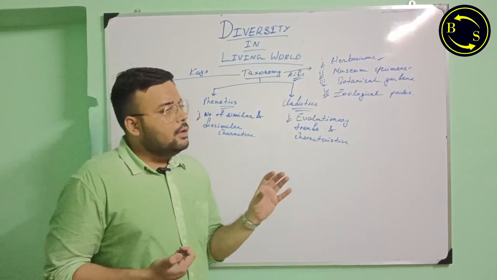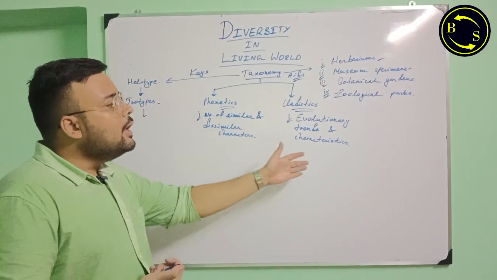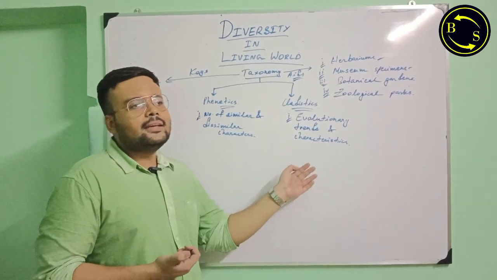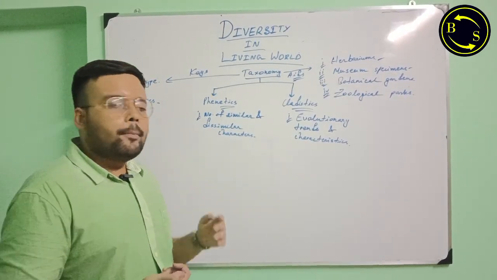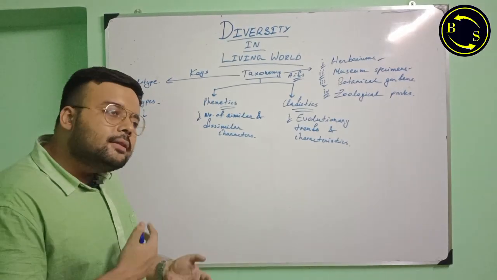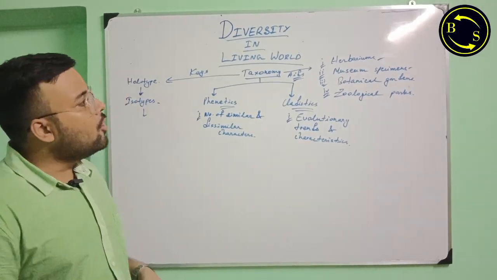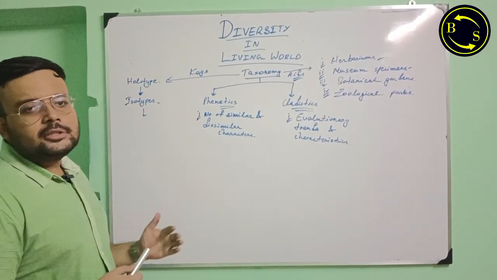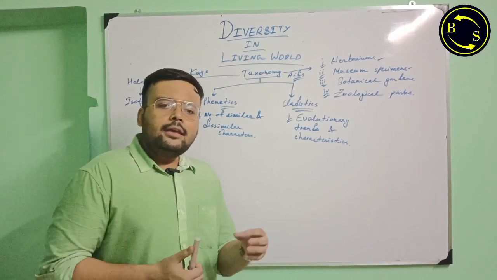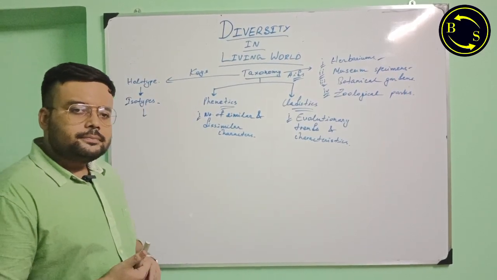So, if we know a relative of that plant is existing nearby, or we can culture that plant based on records found in herbariums, museum specimens, and so on, we can easily find the cure for that disease.